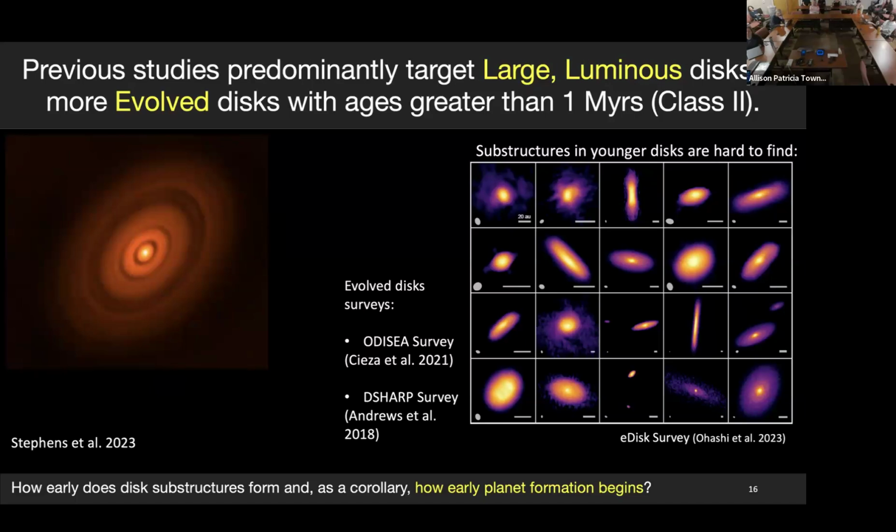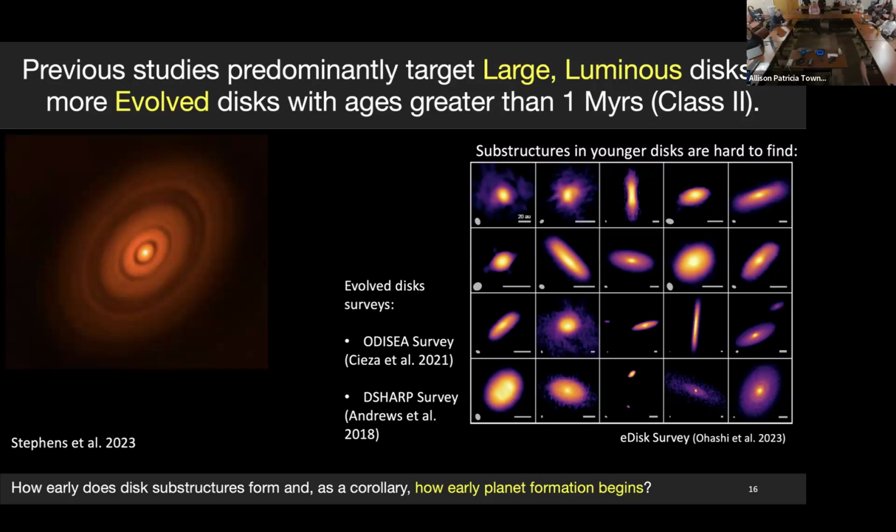On the right-hand side are the 20 Class 0 and 1 sources surveyed by eDisk. As you can see, most of the disks are pretty smooth. They don't really show much substructure, which possibly suggests that substructures in younger disks are hard to find.